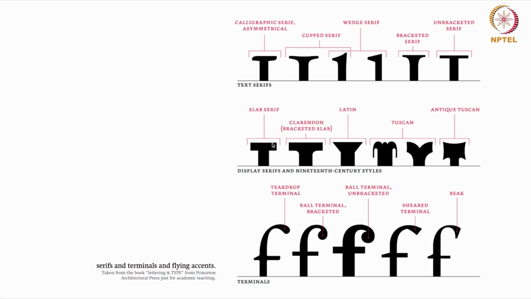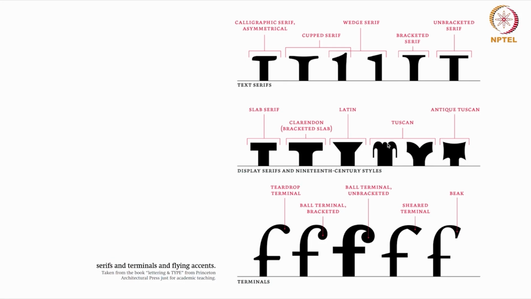Within that, there is slab serif, where you have a slab kind of structure attached. Then you have bracketed slab where you have a curve. Here the line is angular, 90 degrees. Here you will find there is a curve. So this category falls under the display serif and 19th century style.